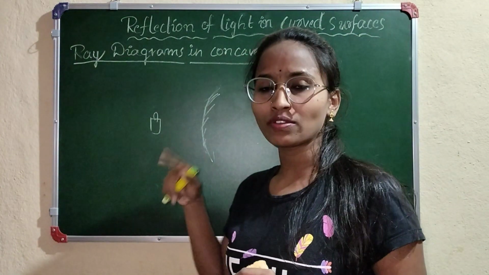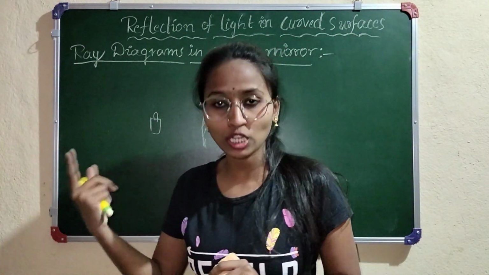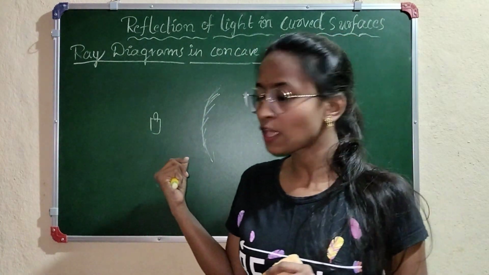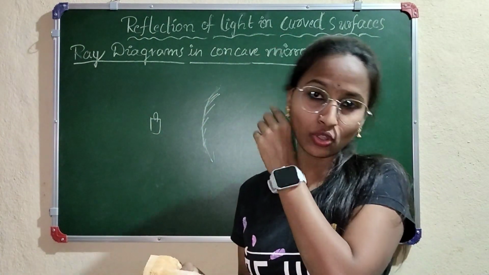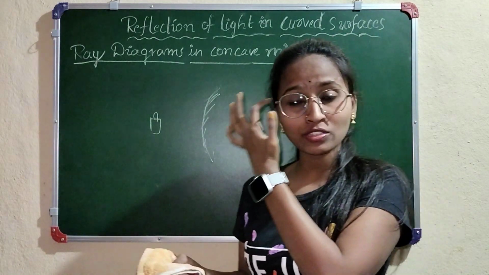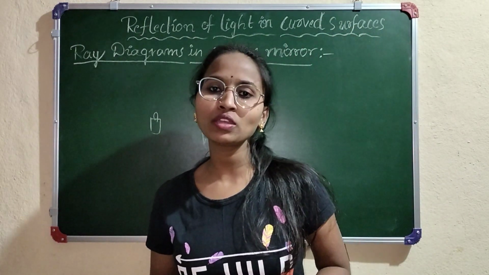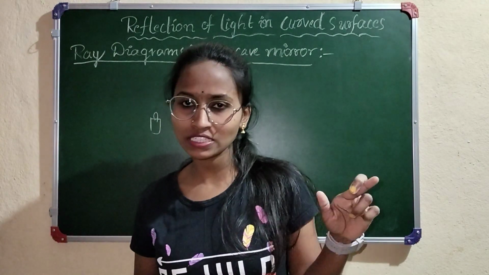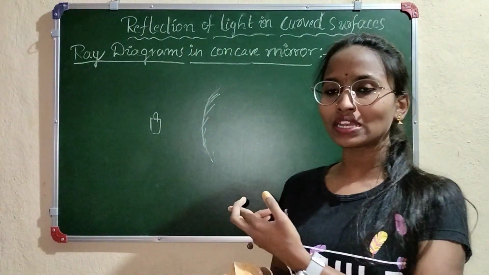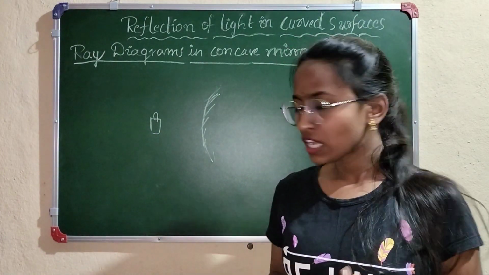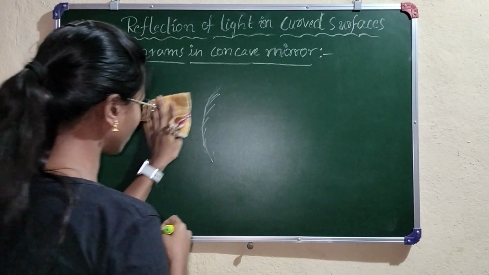But before knowing what type of image will be formed by the mirrors, we'll see how the light ray is reflected first, because as I explained in the previous video, the image is formed based on the intersection point of the reflected rays. So we have to know how the light ray is reflected in the case of the concave mirror.